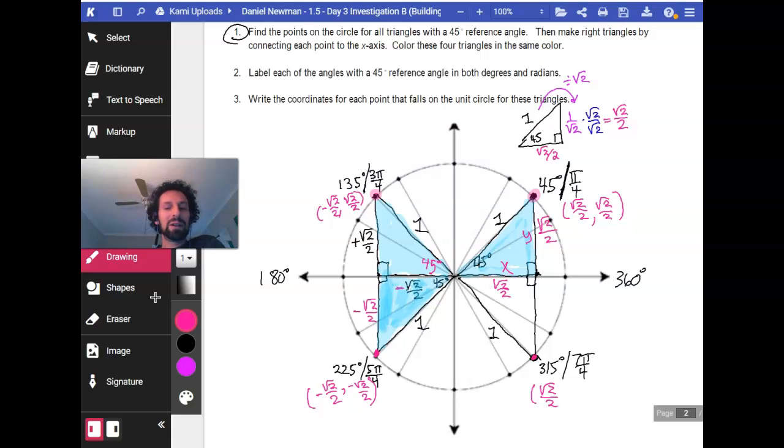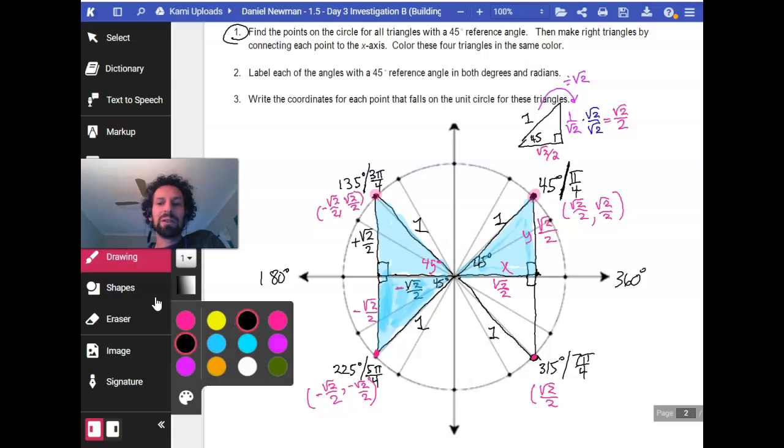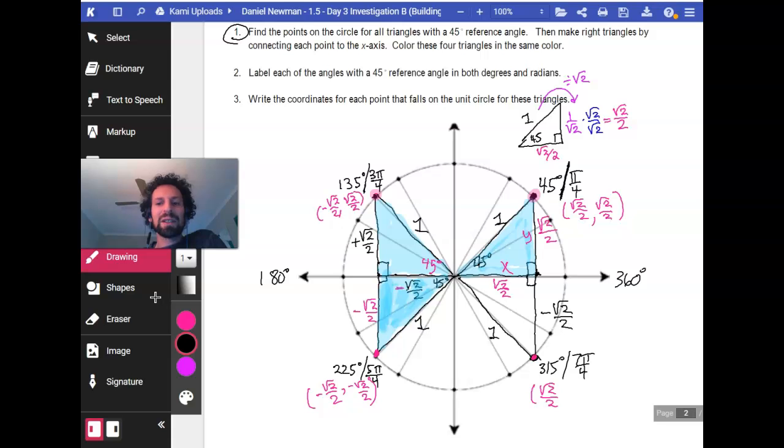That's this number right here. And then it's a 45, 45, 90 triangle, so both legs are the same. But this time we're going down rad 2 over 2 units to get to this point right here. So that means that our y-coordinate will be negative rad 2 over 2. Again, that's that number. Well, that completes the coordinates for all reference angles that have pi over 4.